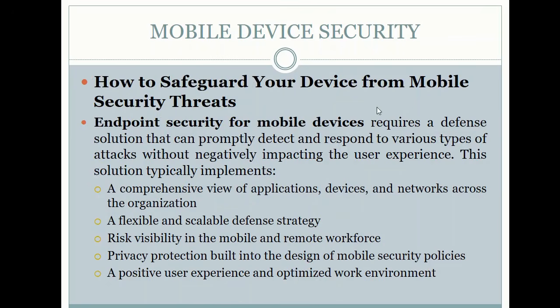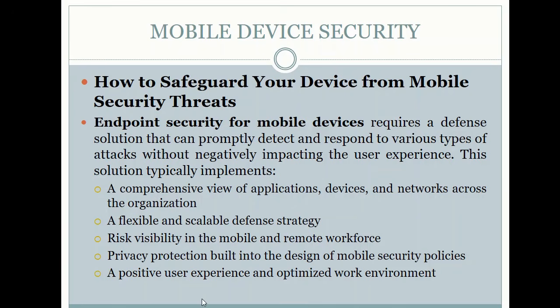And how do we safeguard our device from mobile security threats? As I said before, endpoint security for mobile devices requires a defense solution that can promptly detect and respond to various types of attacks without negatively impacting the user experience. So what does this solution typically implement?